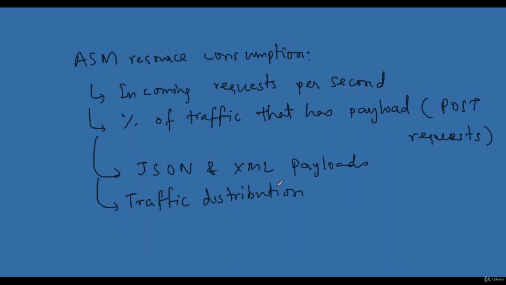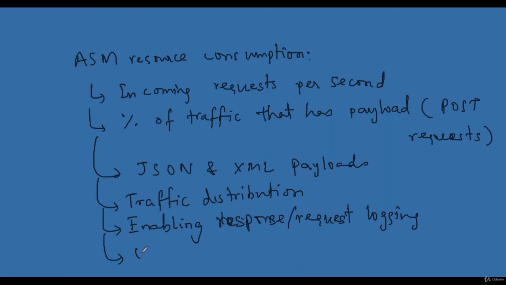So, analyzing whether mostly these are small form submissions or maybe some large file uploads. And then how much you have enabled logging. If you plan to log everything, all the details of the data that is coming in, the request and the response, again, that would result in ASM resource consumption.